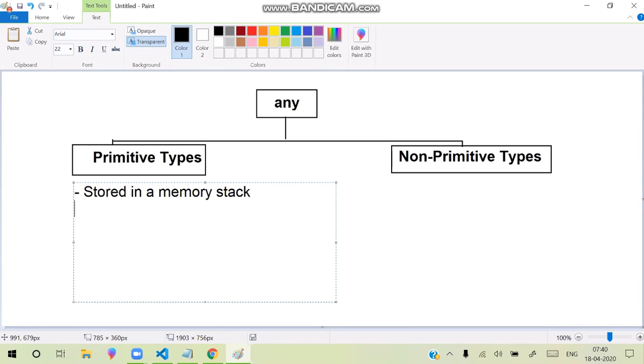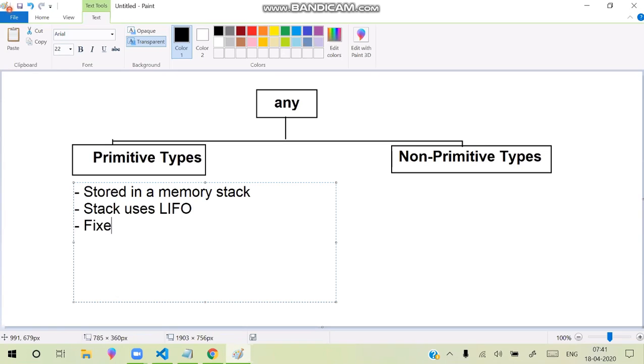Memory stack means the stack uses a mechanism called last in, first out.